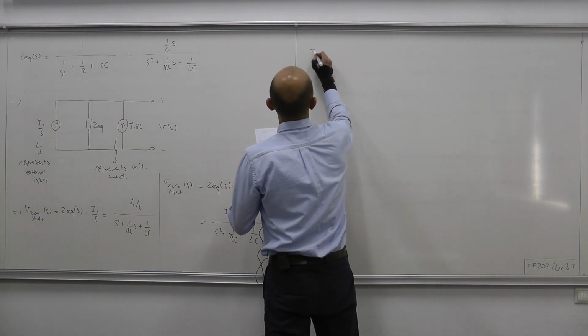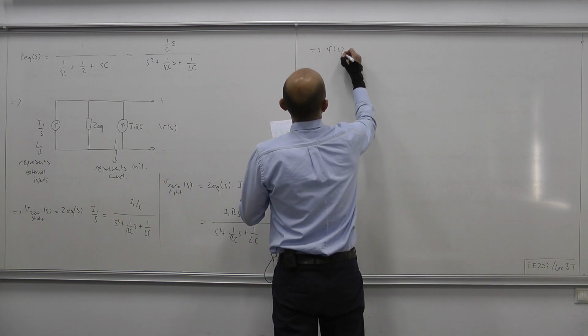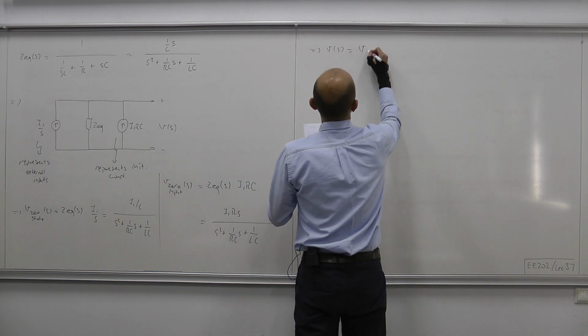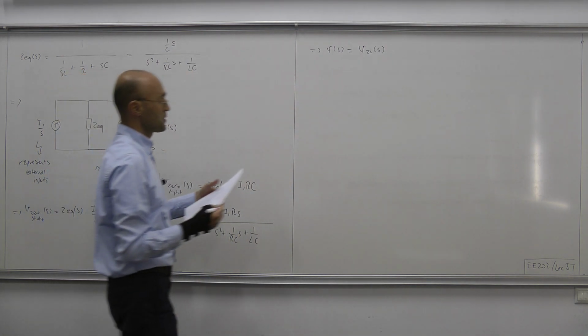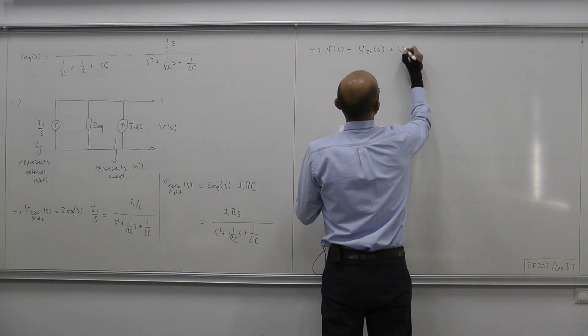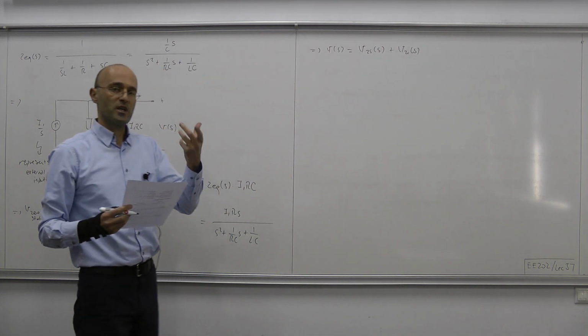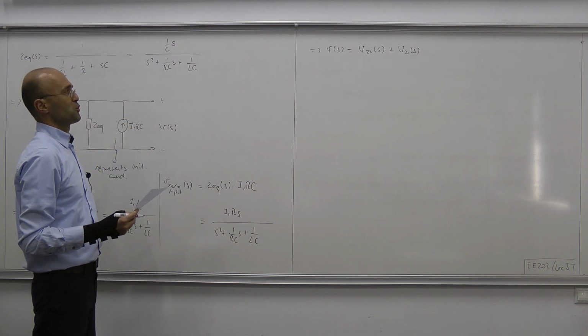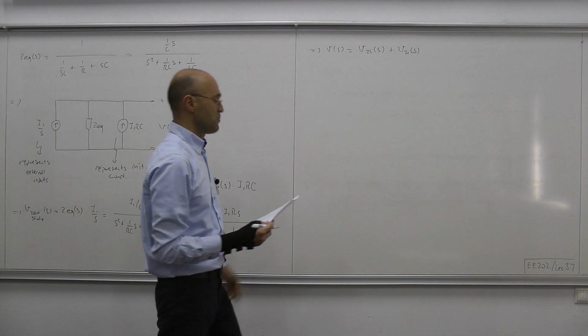So the final answer, therefore, is V of S equals VZS, the zero state response, plus VZIS, the zero input response. So we can superpose those two separate components and obtain the overall or complete response.